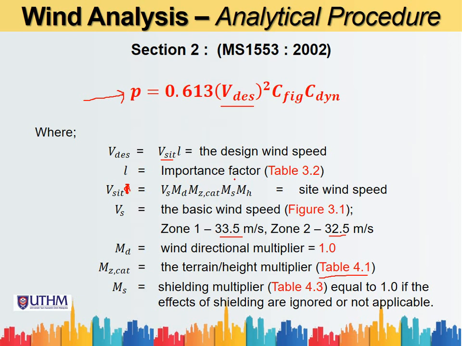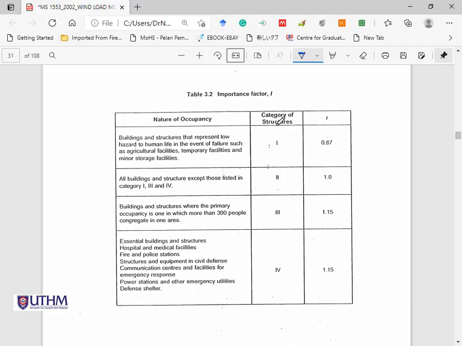Meanwhile, the importance factor is referred to table 3.2 in the Malaysia Standard, and you can refer to it at page 31. So in page 31 here, the importance factor depends on the category of structure.